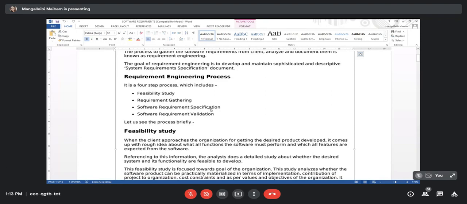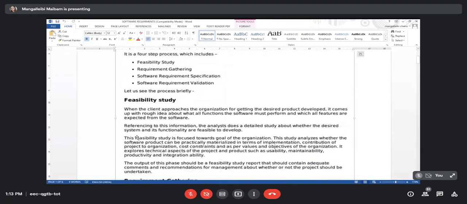Then software requirement validation. There must be a validation process after we finish making our documentation.